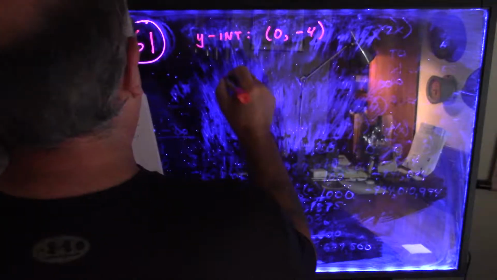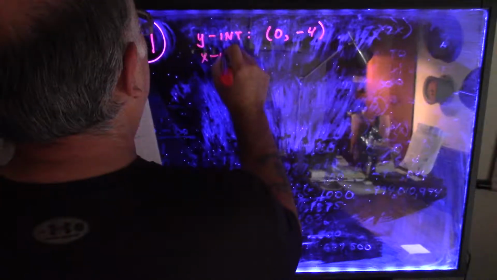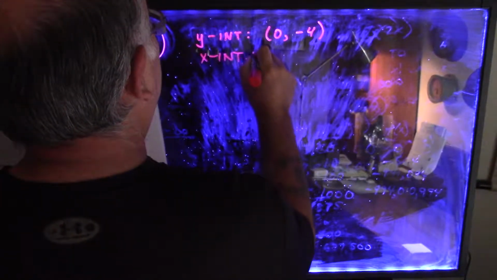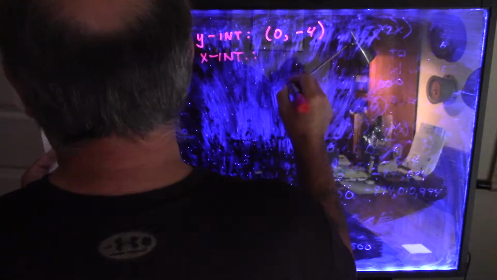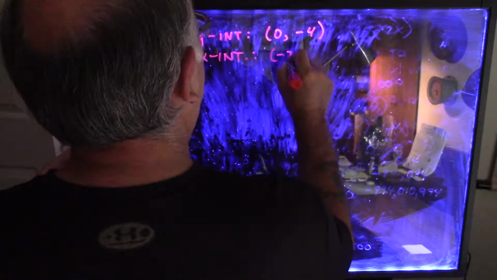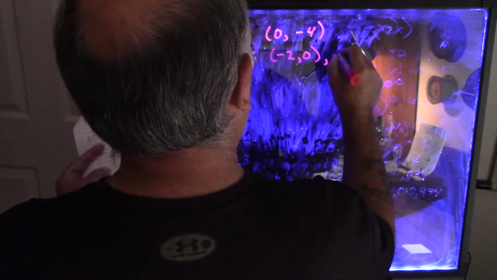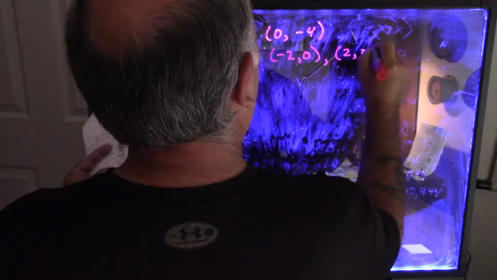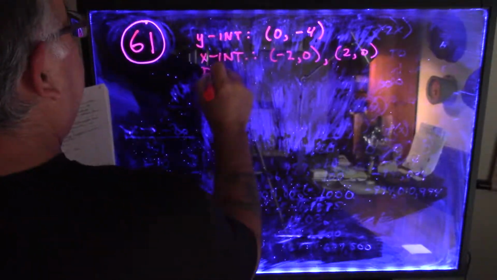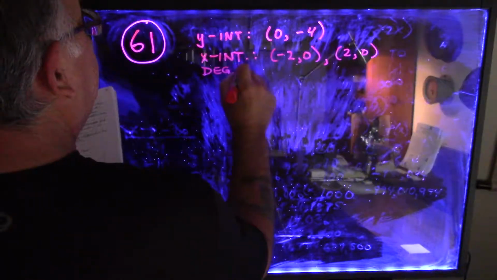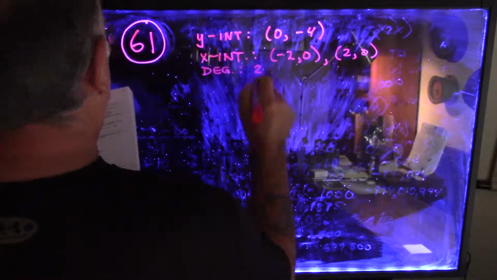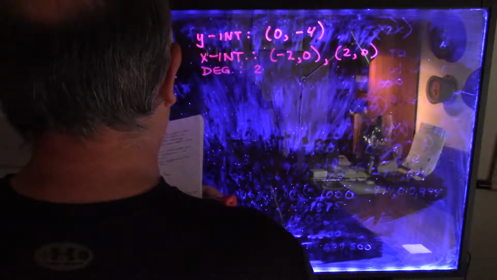The x-intercepts are -2, 0 and 2, 0. The degree is 2. So we have a quadratic function.